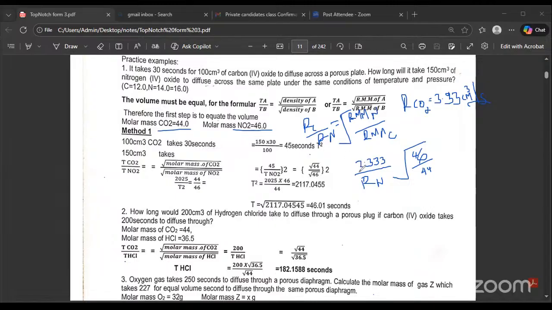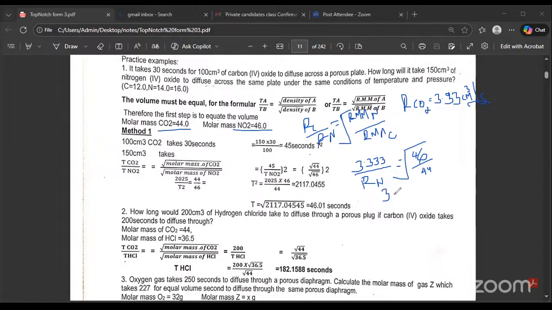3 is equivalent. So I will use the one where I divide those things and then I square root. So I say 46 divided by 44. You can be doing with me, which is now you get 3.